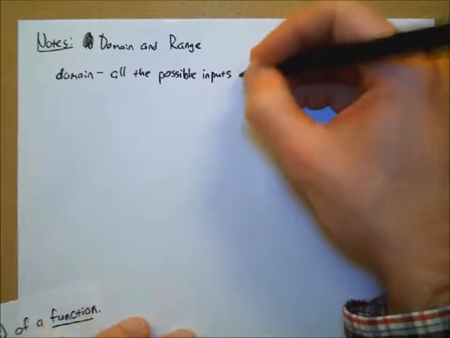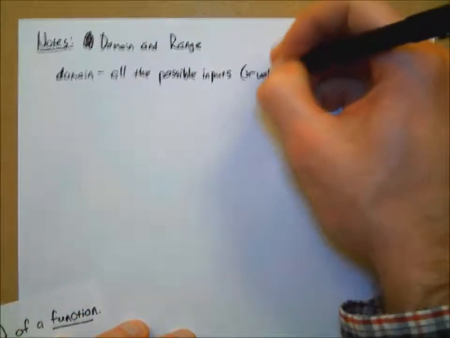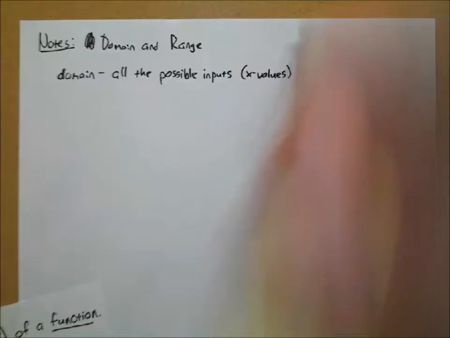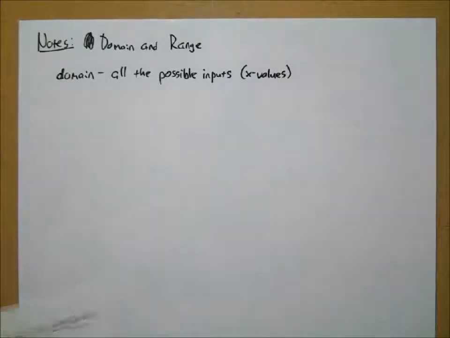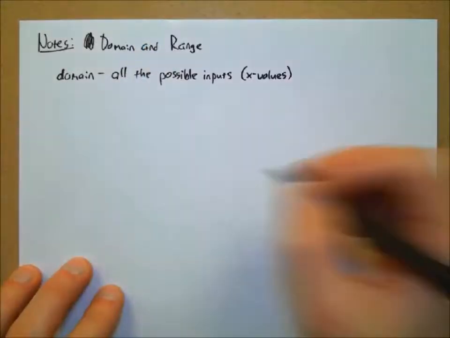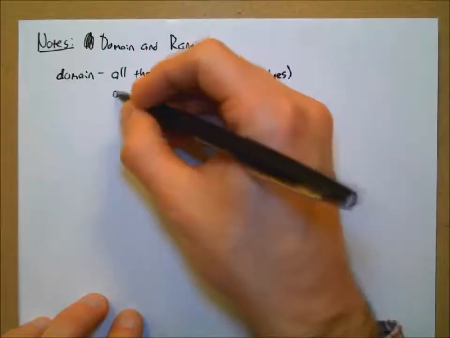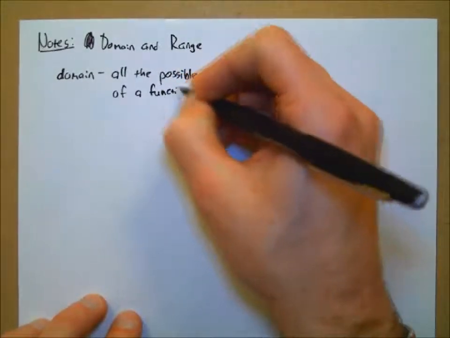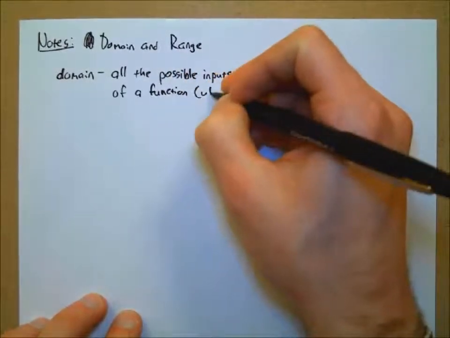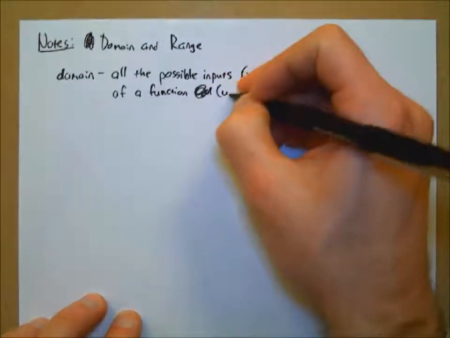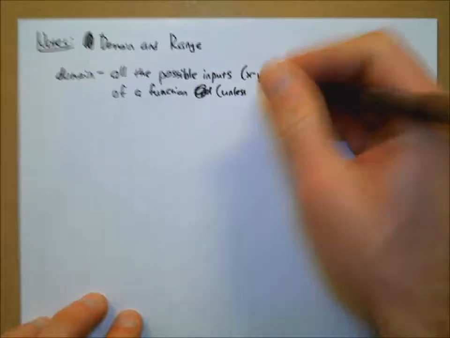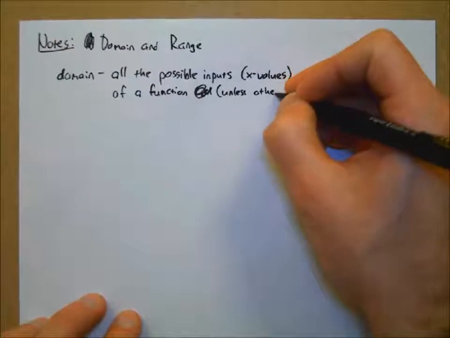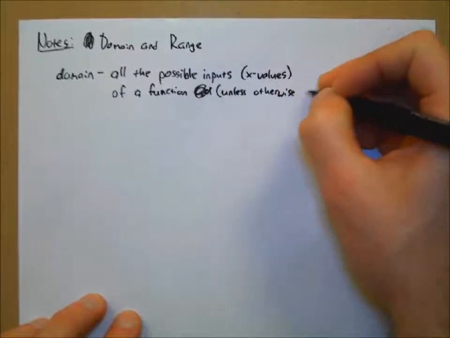In other words, x values normally, right? Doesn't always have to be x values, right? Could be t values, could be other stuff, but all the possible inputs of a function. Okay, unless otherwise defined.